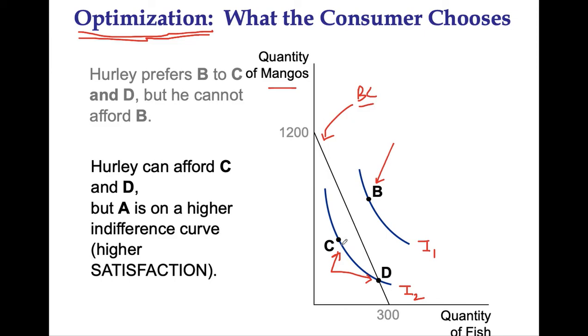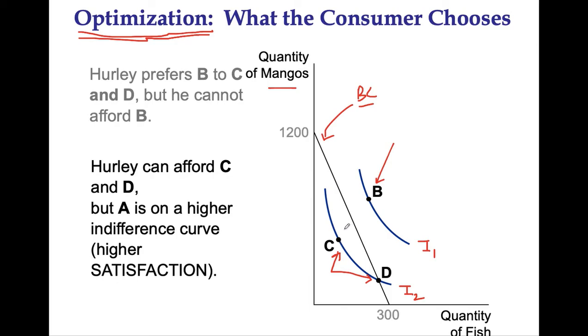He can buy them. He has the necessary budget to buy these two possible combinations of goods. However, do C or D, sorry, give the highest satisfaction to the consumer? No, the answer is no.